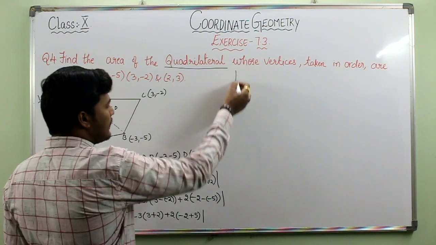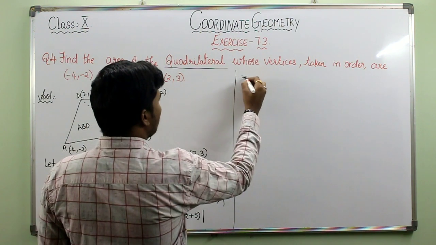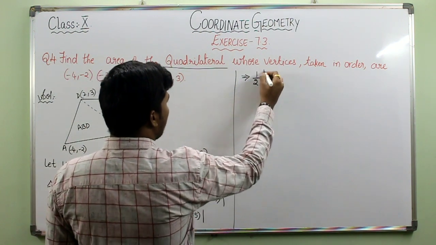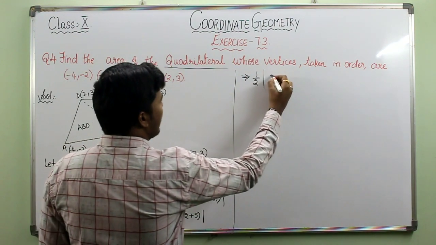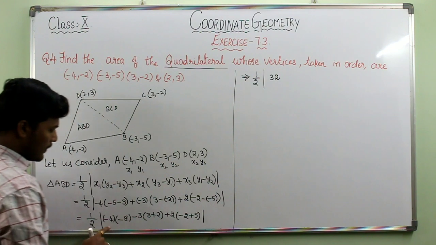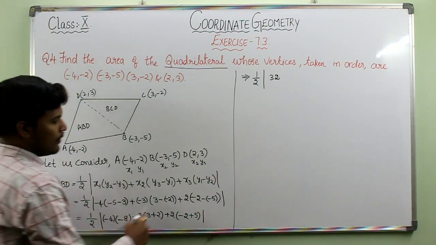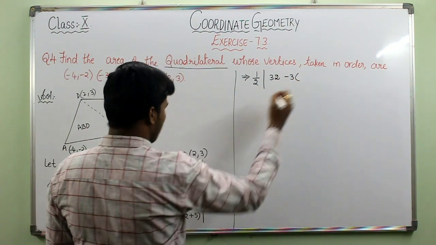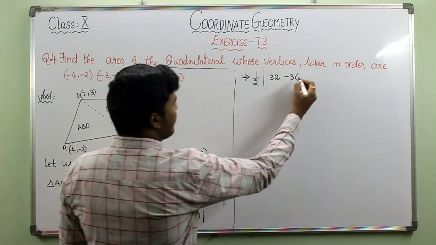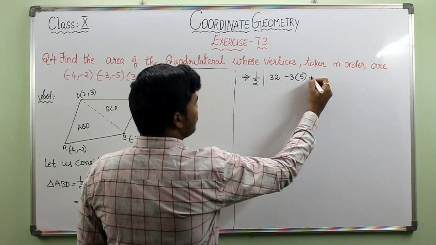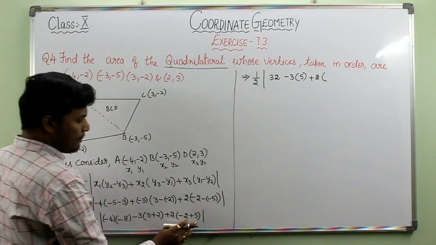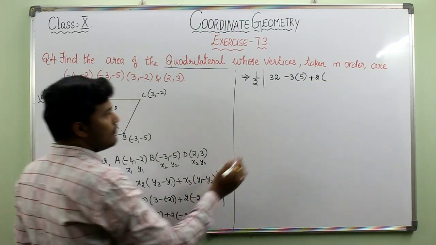After this we will get 1 by 2 times of minus into minus will become plus, 4 into 8 is 32. So we got plus 32. Now -3 into (3 plus 2) is 5, plus 2 as it is, into (5 minus 2 will become 3).